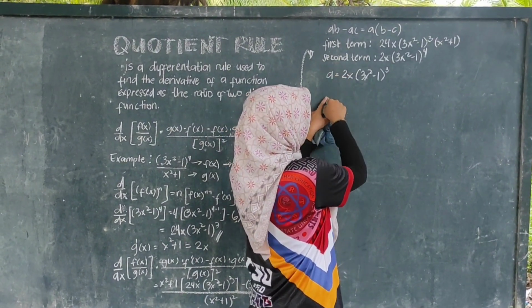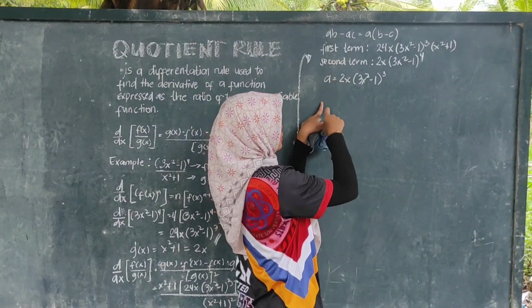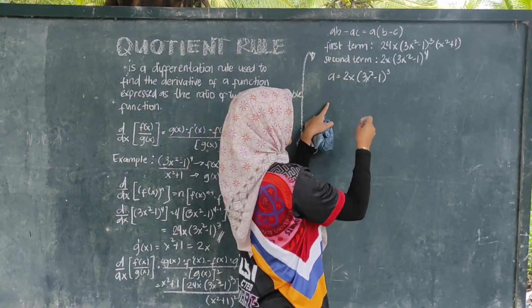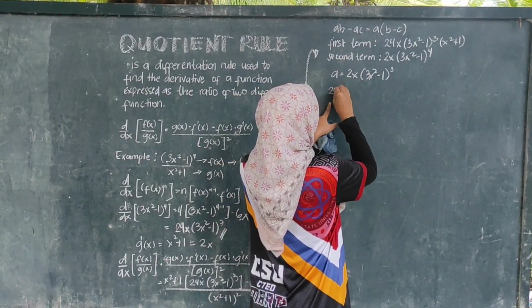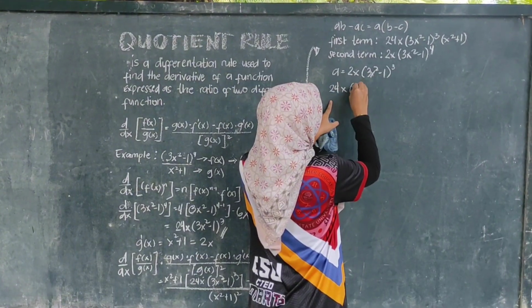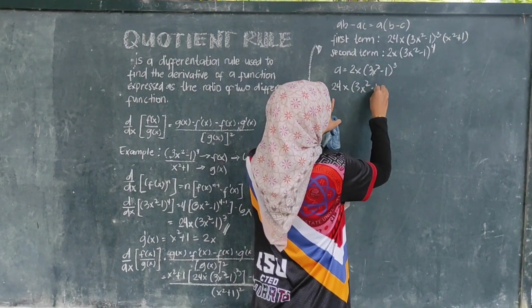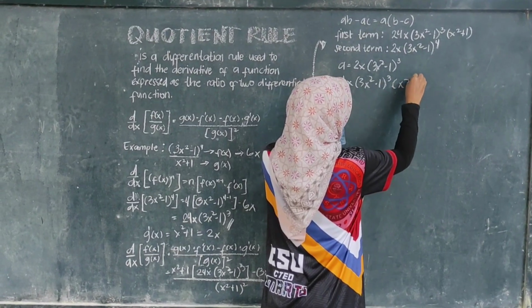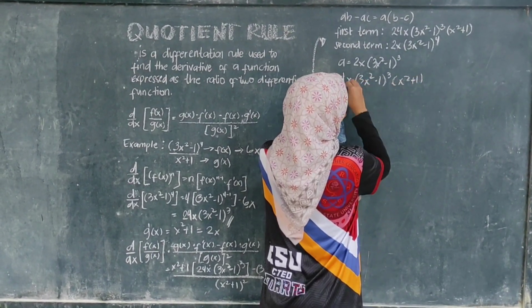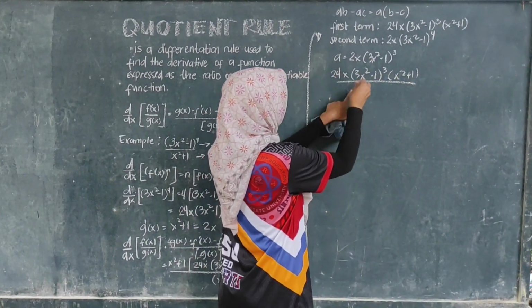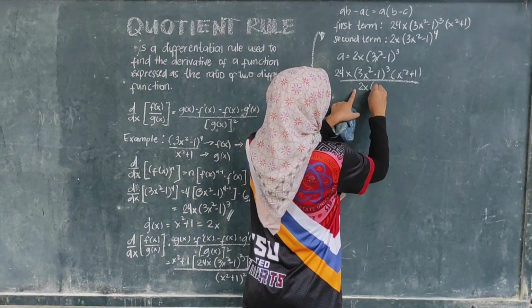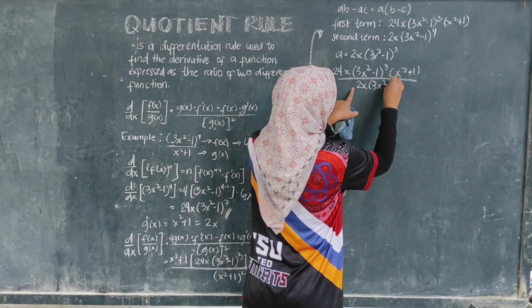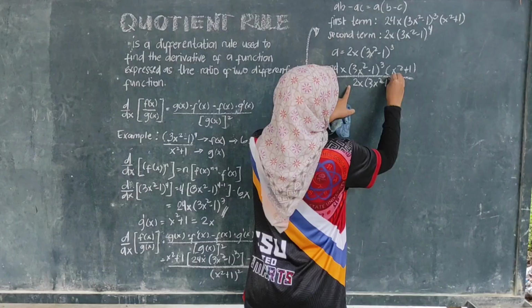So first, let's divide the first term. 24x times (3x squared minus 1) to the power of 3 times (x squared plus 1), all over the A, which is 2x times (3x squared minus 1) to the power of 3.